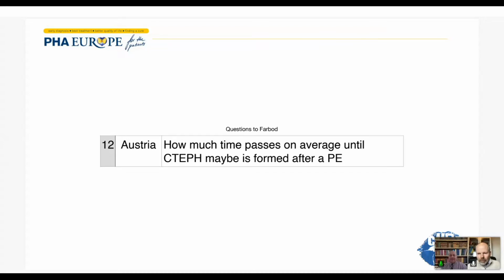And that is, unfortunately, part of the lack of data we have on the natural history of this disease. But there are a lot of large research studies that are starting and ongoing to try to better understand this question.